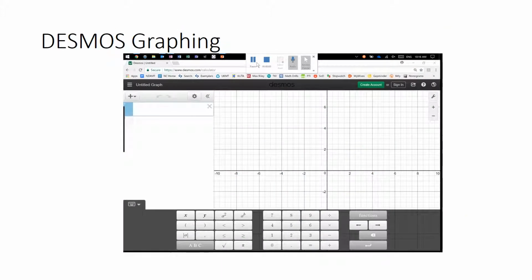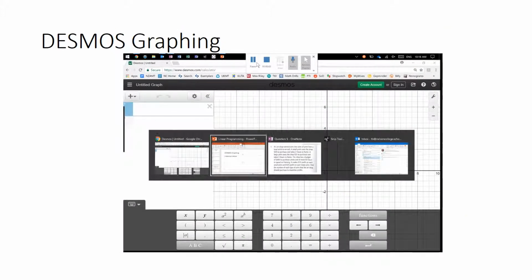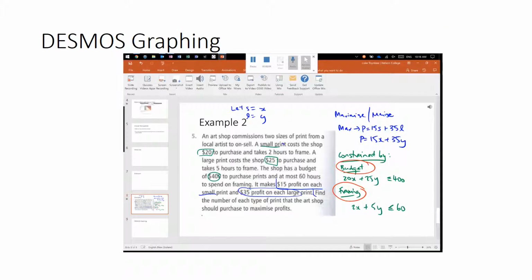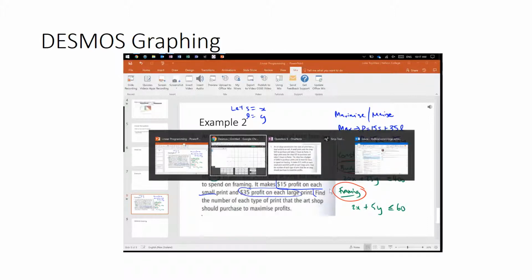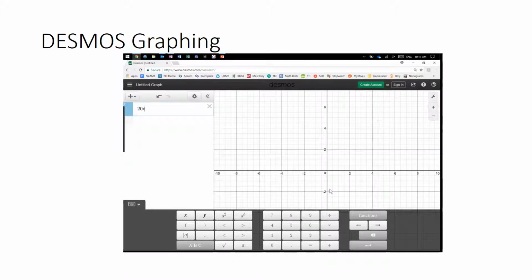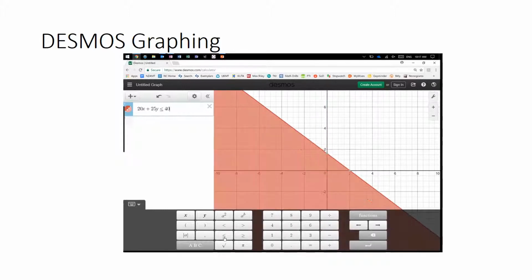Okay. So we now need to do our graphing. There are our constraints. So we need to place them in. Can you put in this one? Yeah. So we're going to say 20x plus 25y less than or equal to 400.